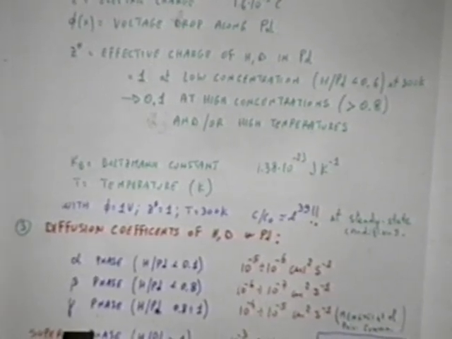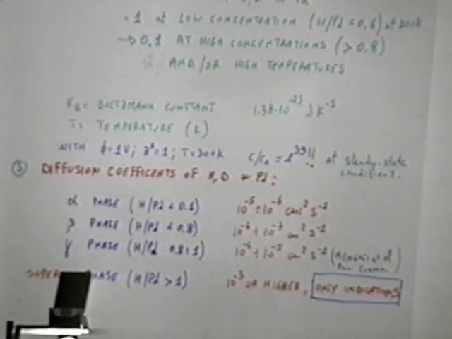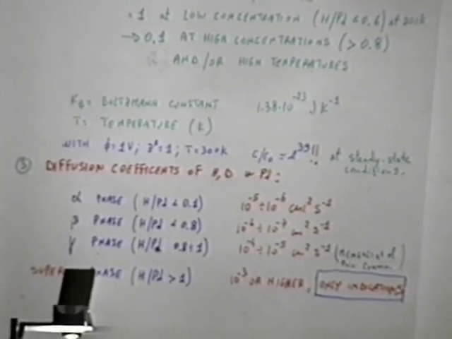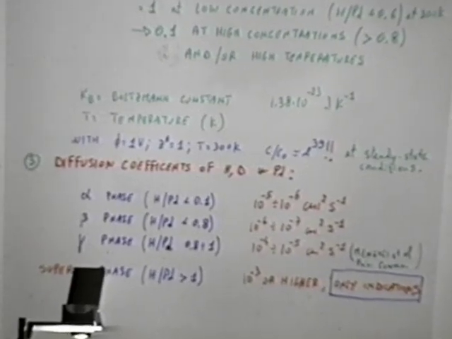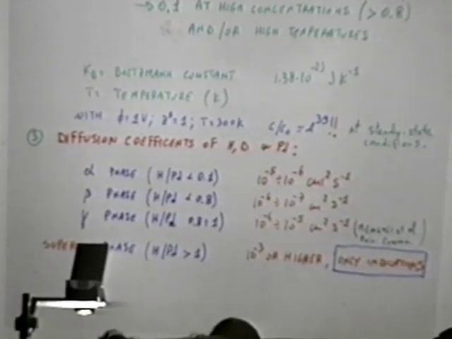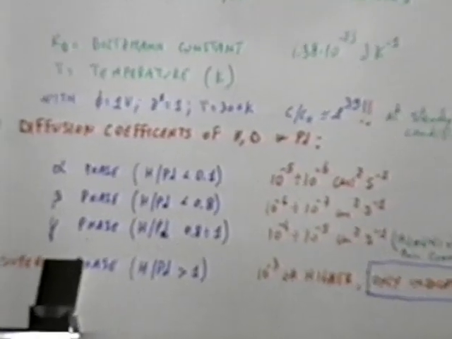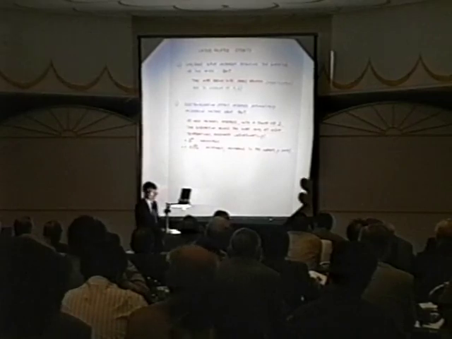And there are different diffusion coefficients of hydrogen and deuterium in the alpha, beta, or gamma phase. The gamma phase is from the Mengoli group, Padua. We used this very big difference in order to get our experiment. There are some interrelated effects.